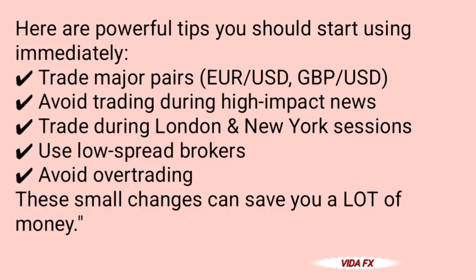You want to avoid trading those exotic pairs because the spread will kill you before you even start making money. Avoid trading during high impact news. Trade during London and New York sessions. Use low spread brokers. Avoid overtrading. These small changes can save you a lot of money.